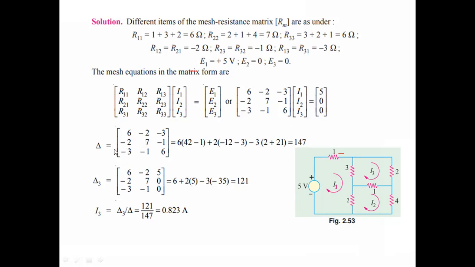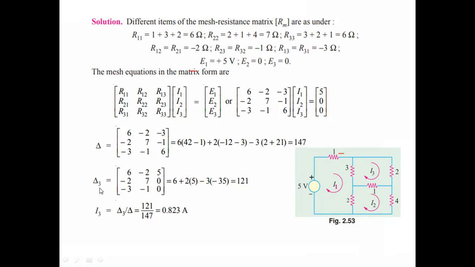Delta 3 is obtained by replacing the third column with the right side matrix we have. From that we can obtain the corresponding delta 1, delta 2, delta 3. So here I3 is delta 3 by delta.